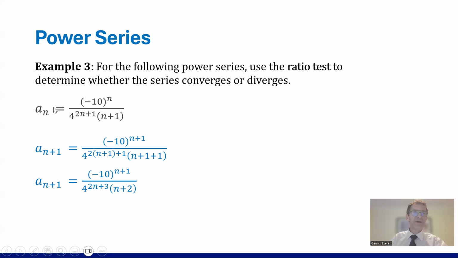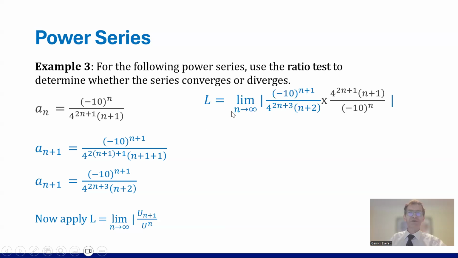So now we've got our a_n and our a_(n+1), and we can use the ratio test. The ratio test is the limit as n approaches infinity of u_(n+1) over u_n. We're going to put this over the top of this, which will be a fraction over a fraction. A fraction divided by a fraction, you can multiply by flipping. So we flip the u_n, which is this one, and turn it upside down.